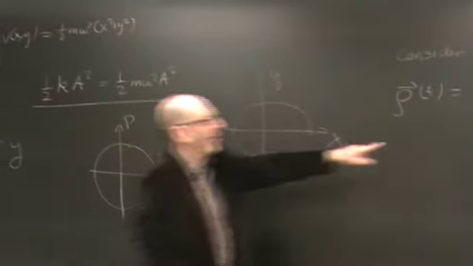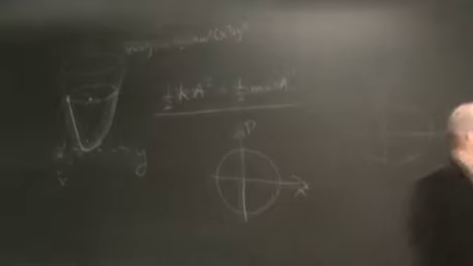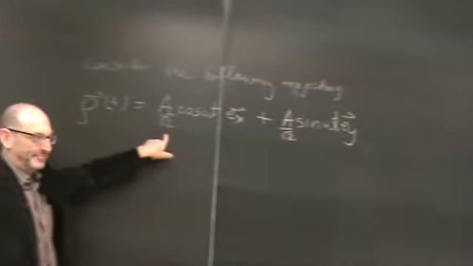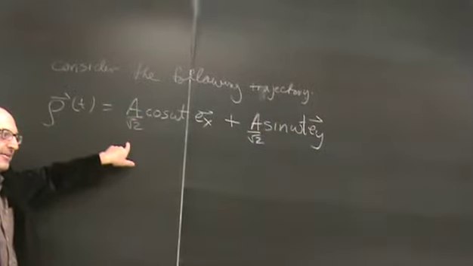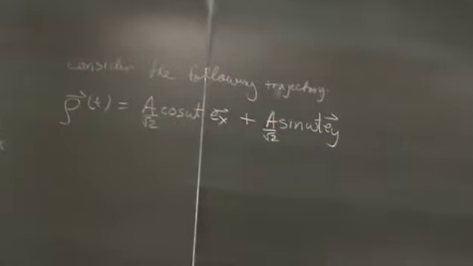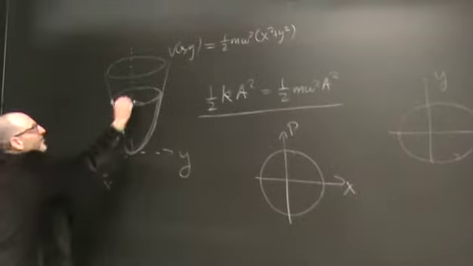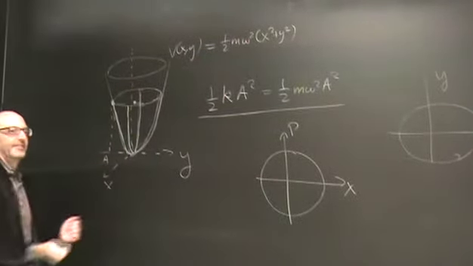But this particle is moving around in a circle, right? This particle has angular momentum. In fact, all of its motion is angular momentum. This trajectory has exactly the same energy as this trajectory. But it's a superposition of this guy and the guy that is in perspective going like this.